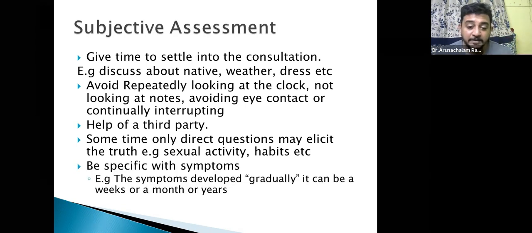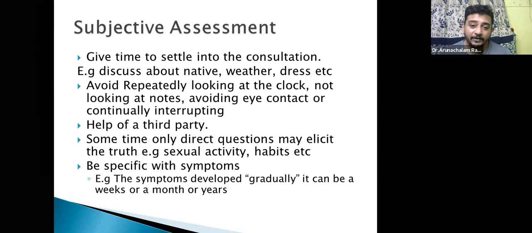Next is, be specific with the symptoms. For example, if the patient says, "Sir, this weakness came gradually," define gradually. Whether it is days, weeks, or months. Even if it is developing over a period of months, they will say gradual. If it is a year, also they will say gradual. So you should know the number of days.